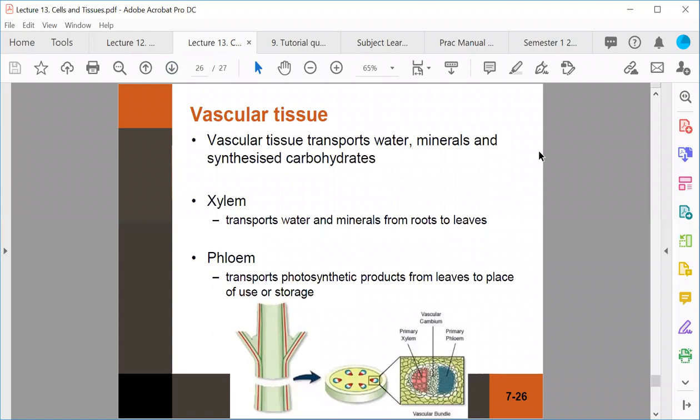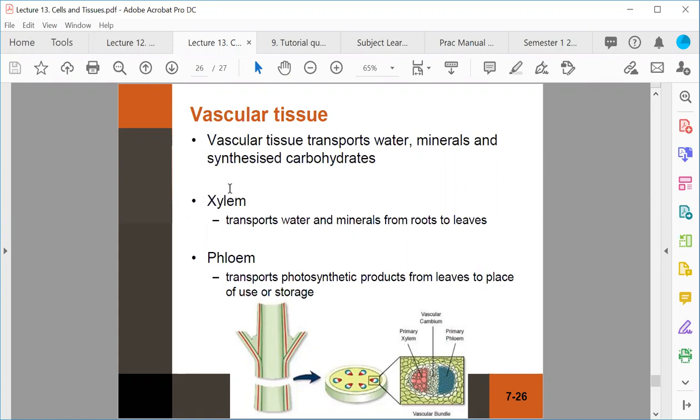And our final tissue type, the vascular tissue. Vascular tissue is the tissue that transports water, minerals, and synthesized carbohydrates throughout the body of the plant. There are two major types of vascular tissue in plants: the xylem and the phloem.